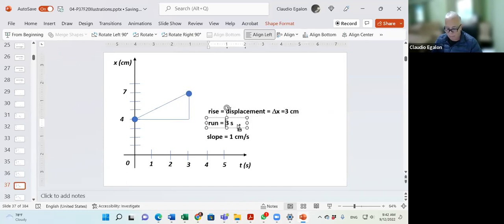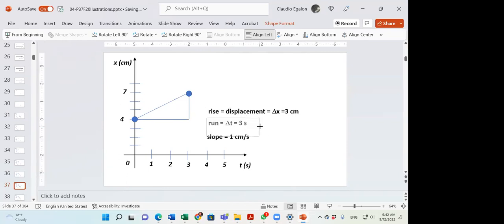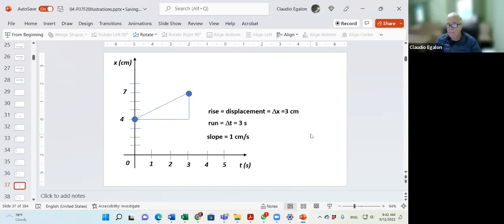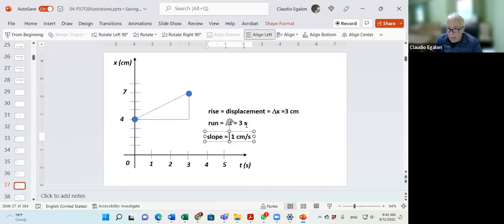We don't give any specific name for that. We just say delta t. It wouldn't be time or anything, it would just be delta t. Difference in time. You can write that down. And the slope is going to be rise divided by run, right?